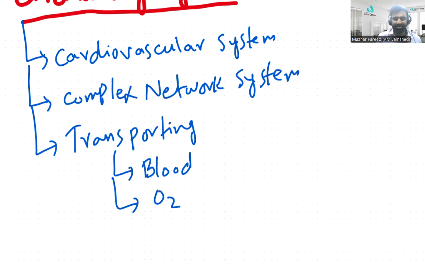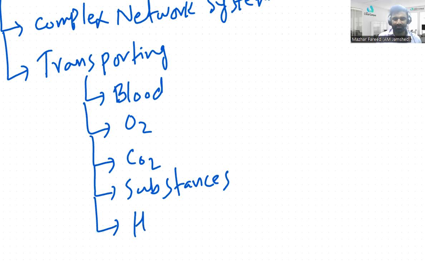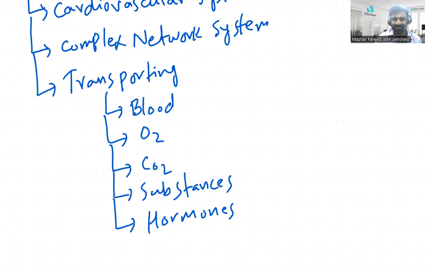It also transports carbon dioxide from all parts of the body back to the lungs, and it is removed. It also transports different substances. It also transports hormones. So we can say that this is a complex network system.